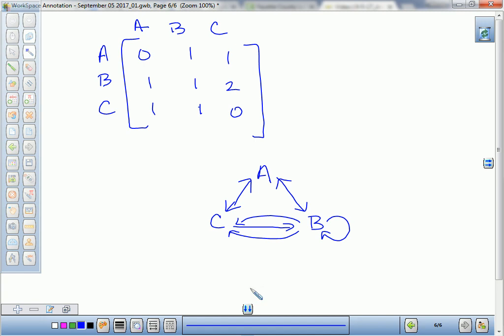The next problem is about ships sending messages to other ships. The last one is a famous problem about multiple bridges: can you go from here to here without going over a bridge more than once?